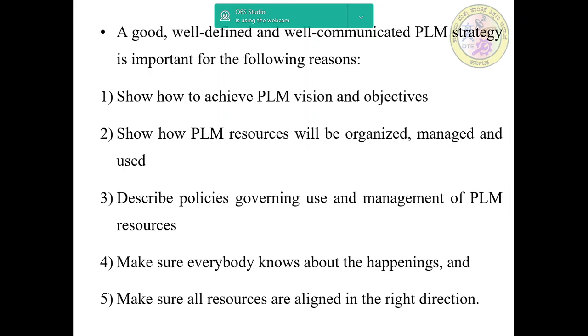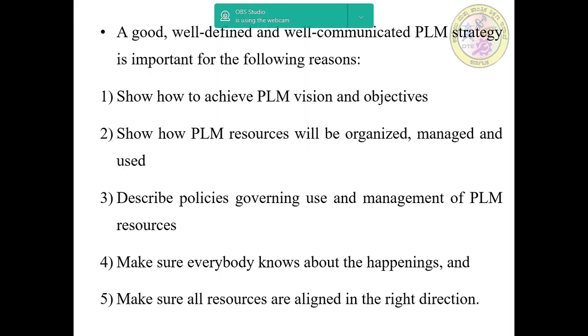A good, well-defined and well-communicated PLM strategy is important for the following reasons. First one is to show how to achieve PLM vision and objectives.